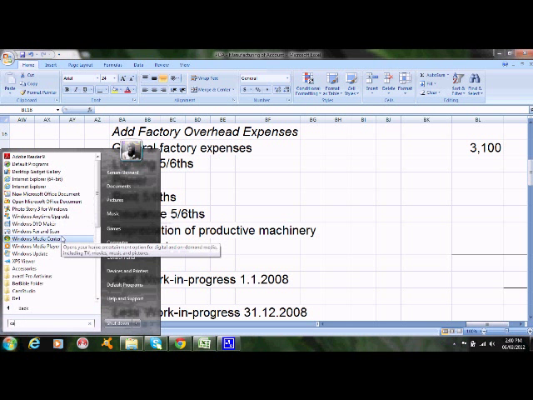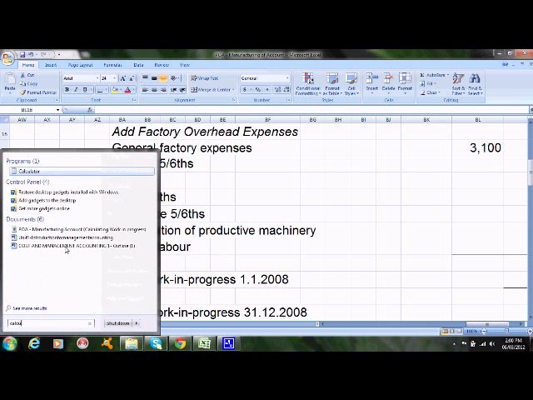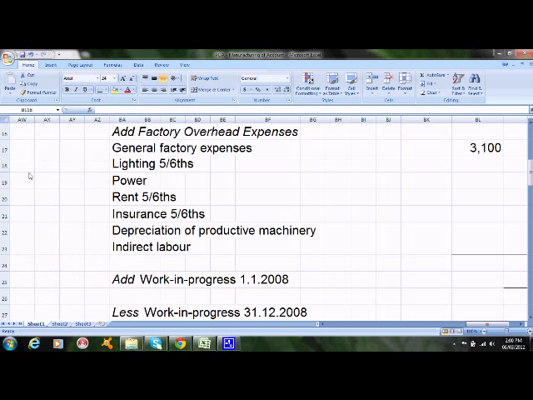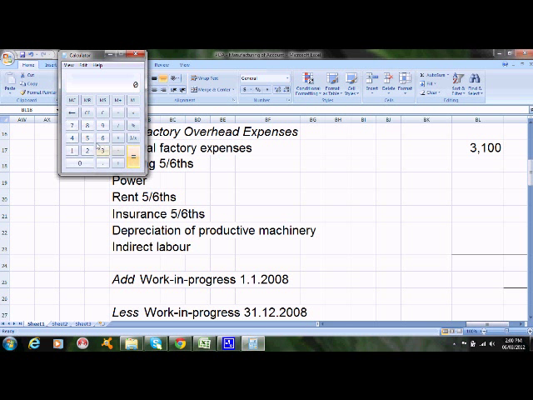Let's work it out, friends. So we're going to say 5 divided by 6 times 750 equals 625. So you cannot disagree with me, right?